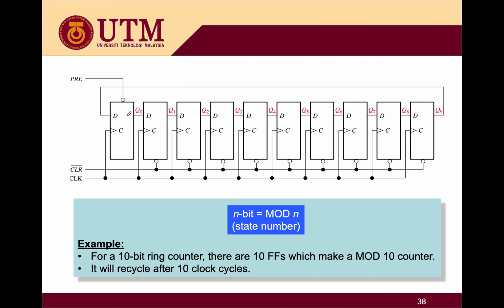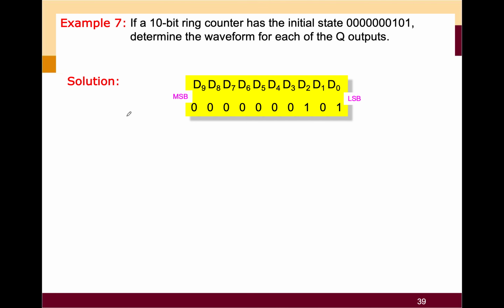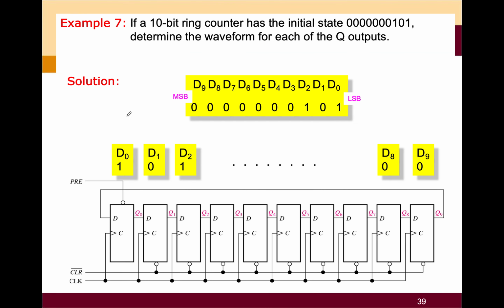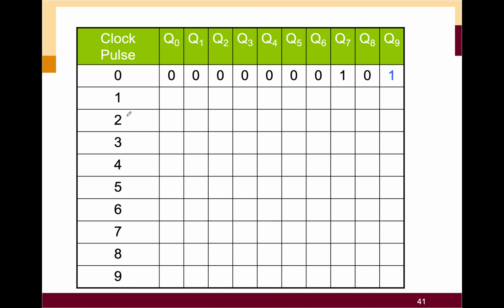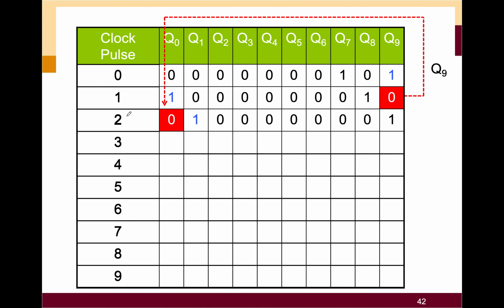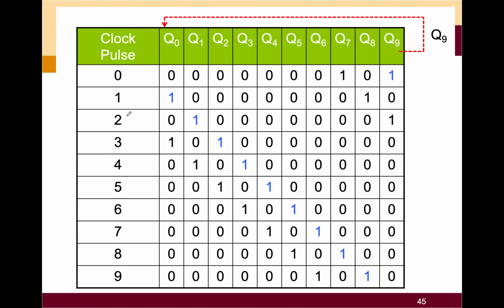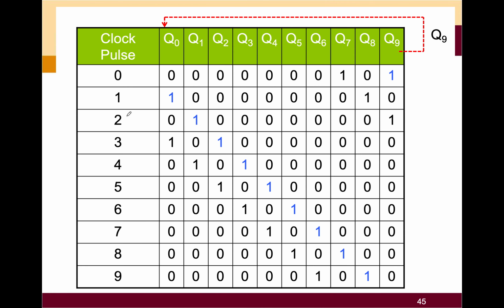So it will recycle after 10 clock cycles, isn't it? Please try to do this exercise example. You can also check in your module, one by one, take a look over here with the answer, then later on you can try it by yourself.